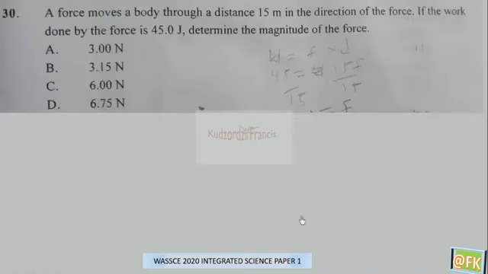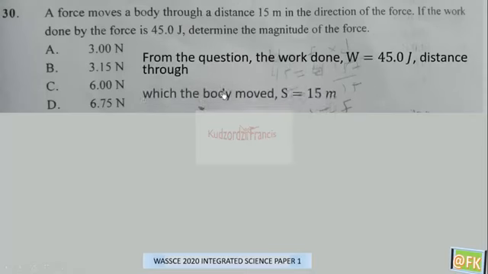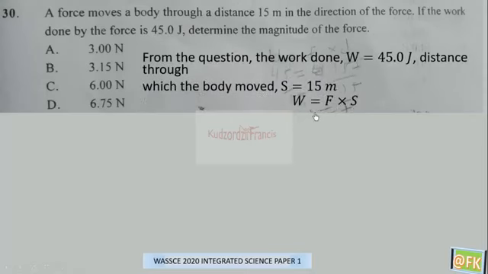Question number 30. A force moves a body through a distance 50 meters in the direction of the force. If the work done by the force is 45.0 joule, determine the magnitude of the force. Now, work done is given by the product of the force and the distance. And from the question, we know work done, we know the distance through which the body is moved.